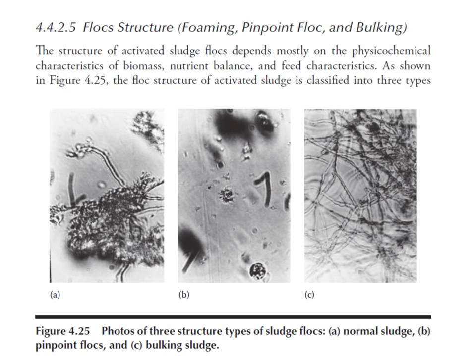Another thing that we have to consider is the flock structure. In fact, the motivation of using MBR is to operate activated sludge system when we have the foaming or bulking problems.